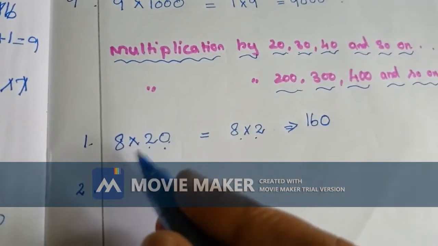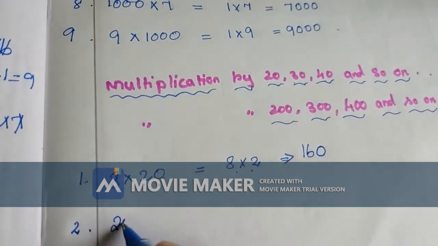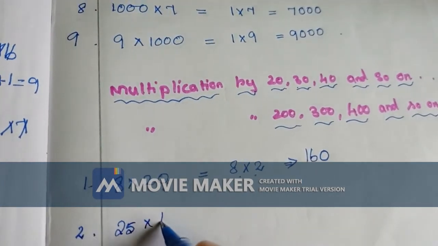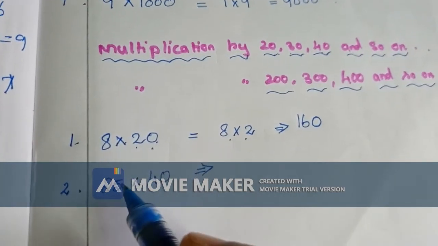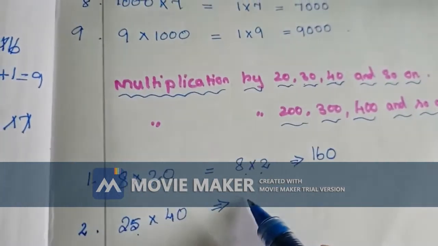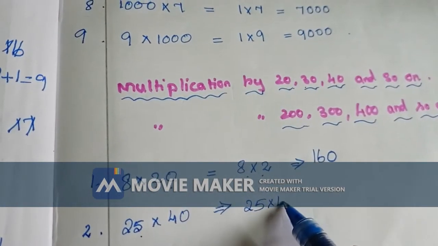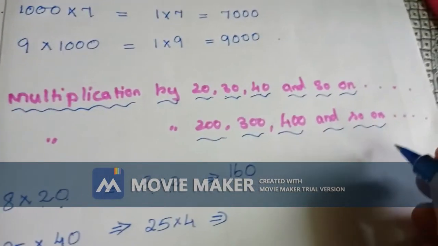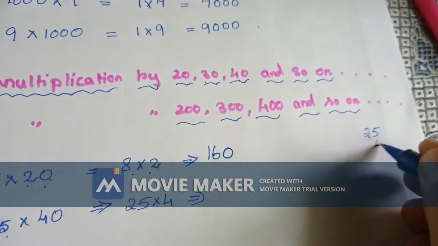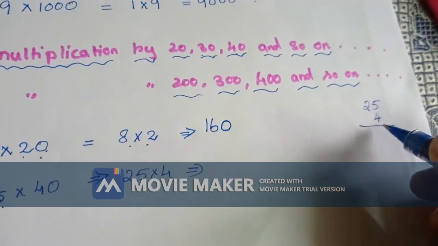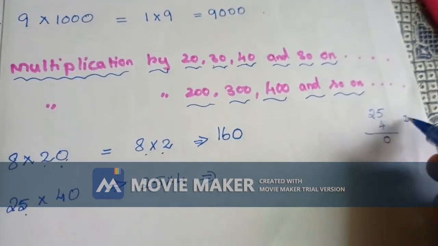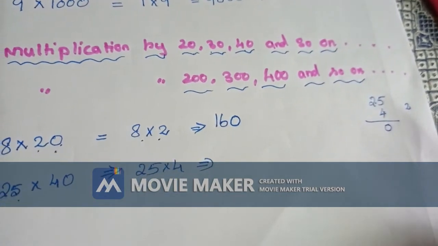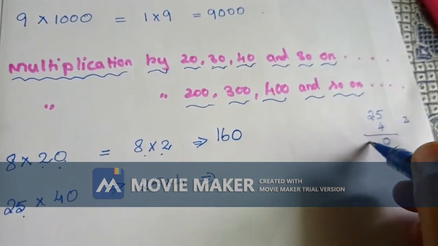Then next one, 25 by 40. Okay, so first children we have to multiply this 25 by 4. Okay, so what is the answer for this? 25 multiply by 4. 5 4s are 20 and 4 2s are 8. 8 plus 2 is 10. 100.